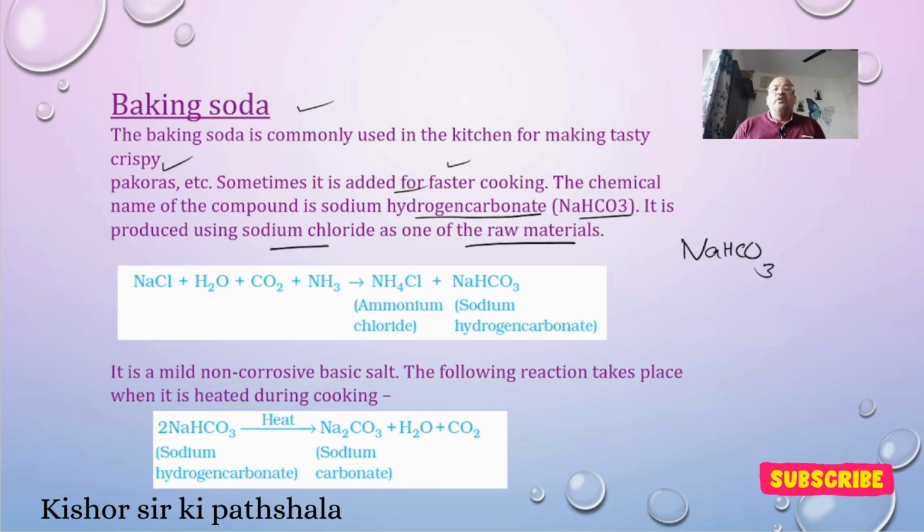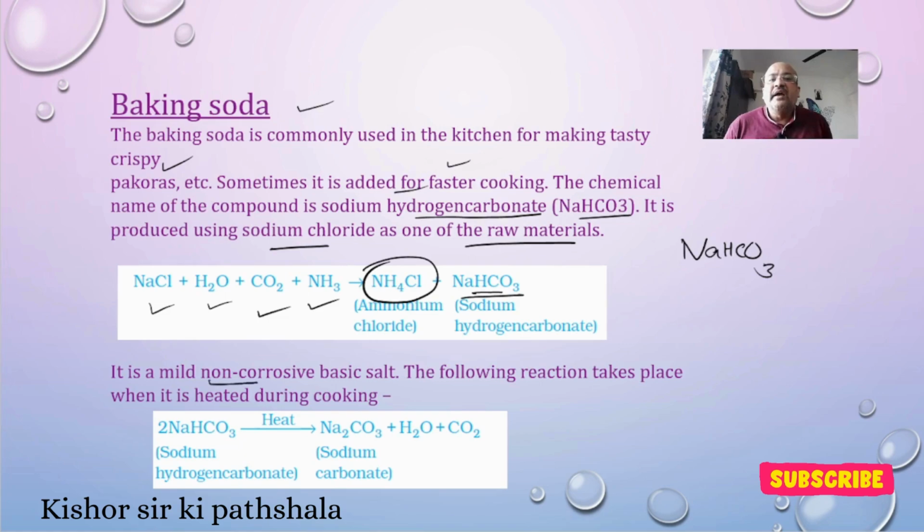So what you do is take sodium chloride, take water, and pass carbon dioxide and ammonia through it. So what you'll get? You'll get ammonium chloride as one of the salts, and another you'll get sodium hydrogen carbonate.